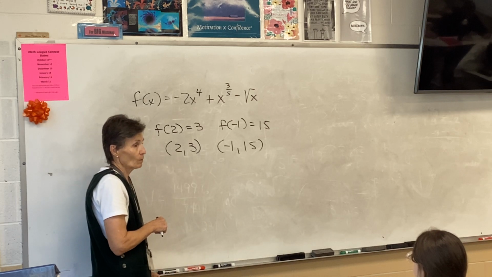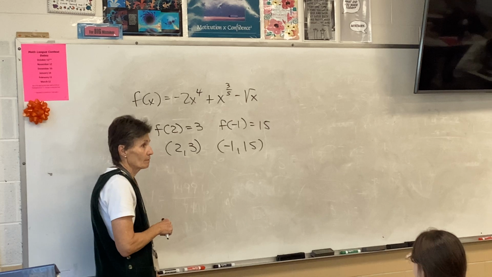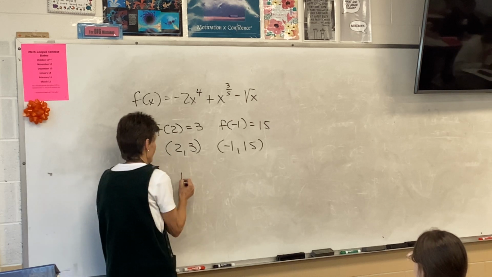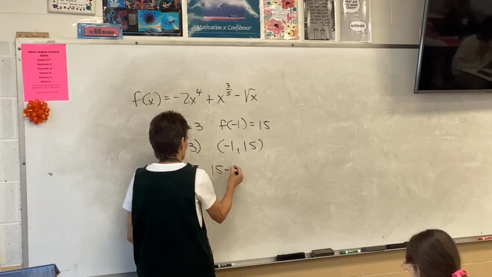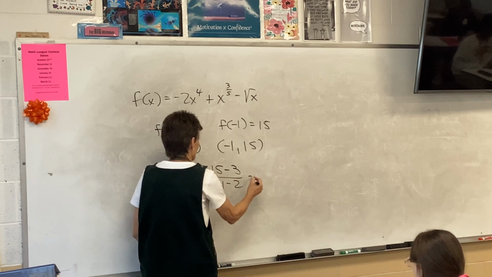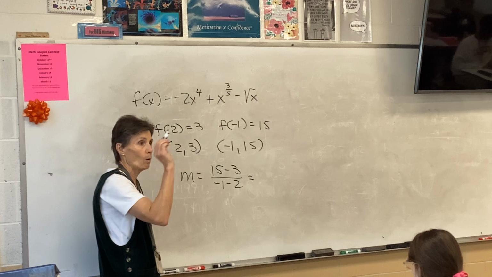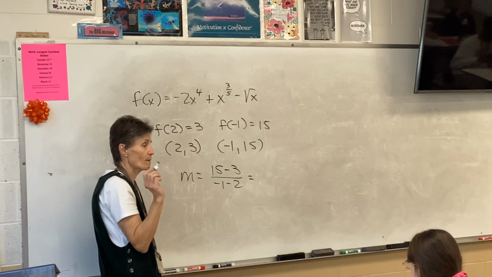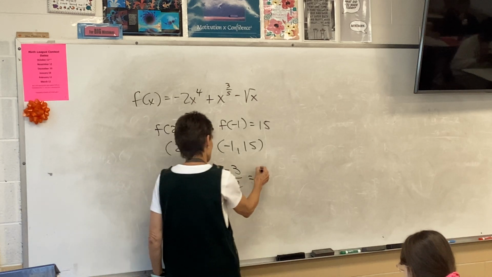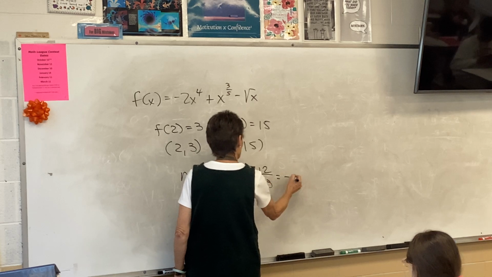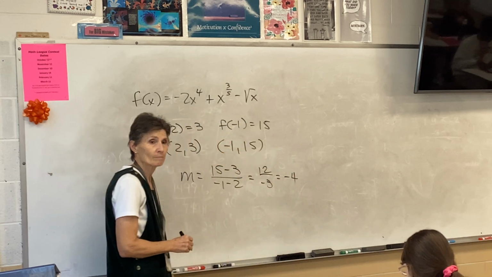What do we do? Find the slope. You've been doing it for years: y minus y over x minus x. So it looks like this slope is negative 4.